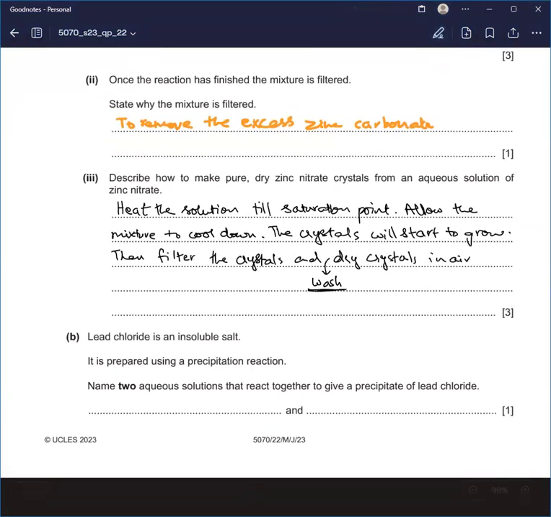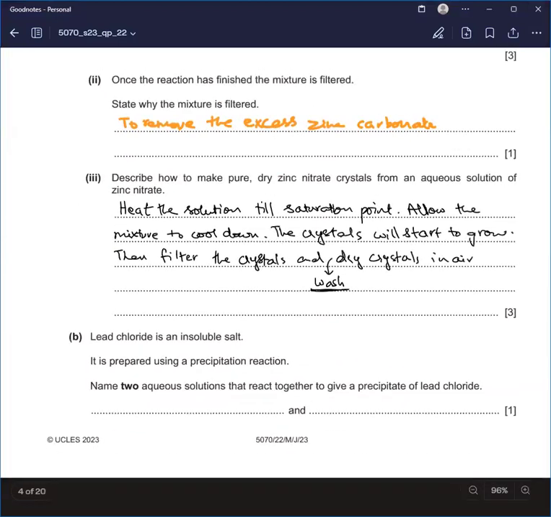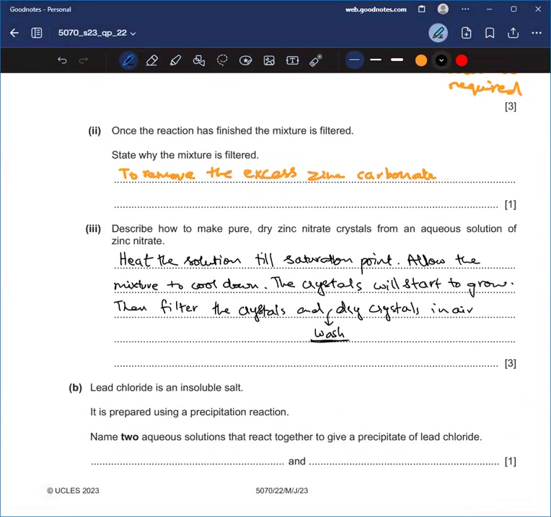All right, so part B: lead chloride is an insoluble salt. It is prepared using a precipitation reaction. Name two aqueous solutions that react to give a precipitate of lead chloride. The easiest thing is to take the nitrate, lead nitrate.